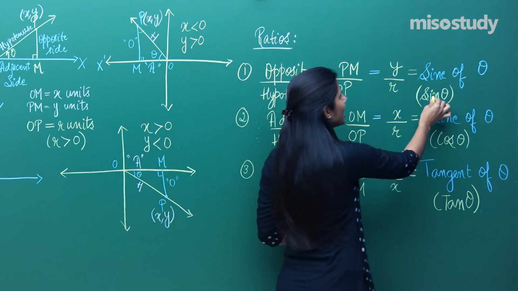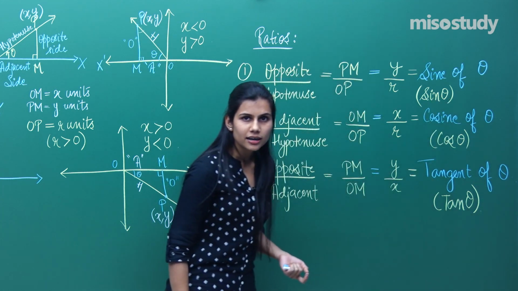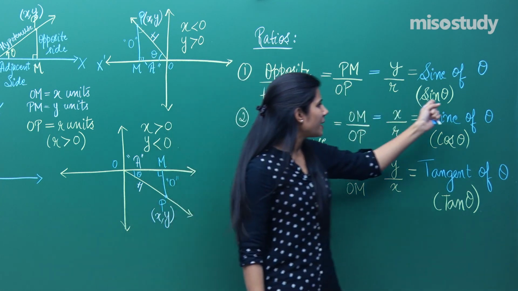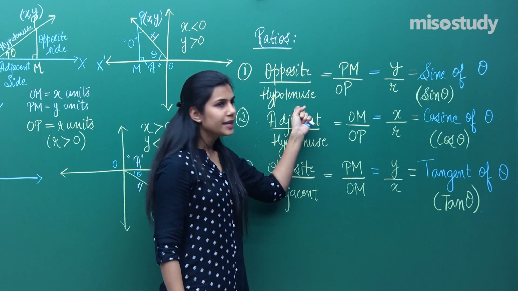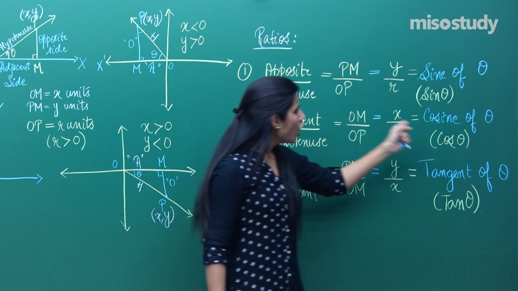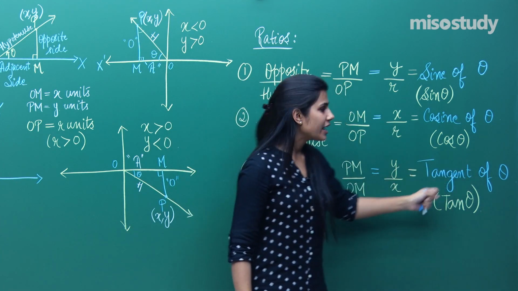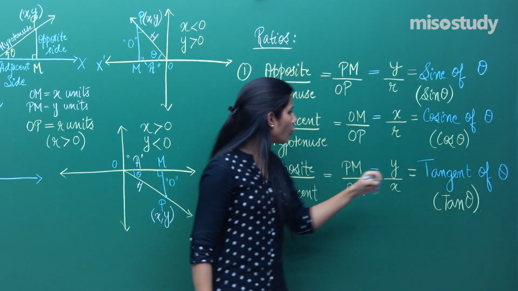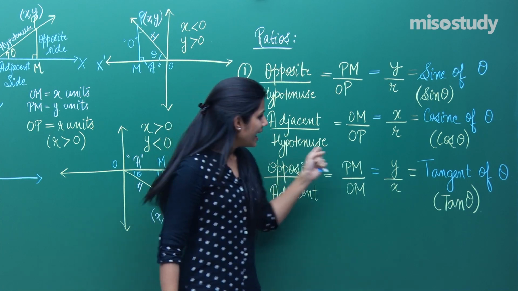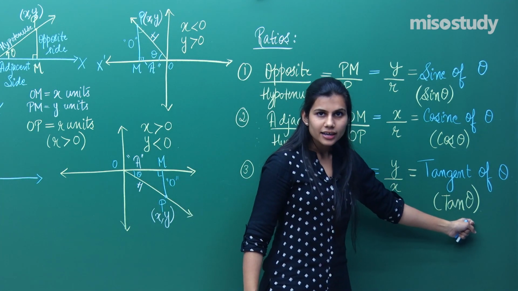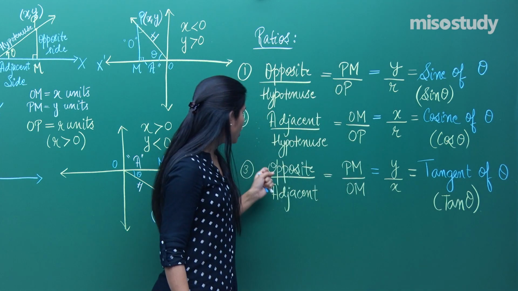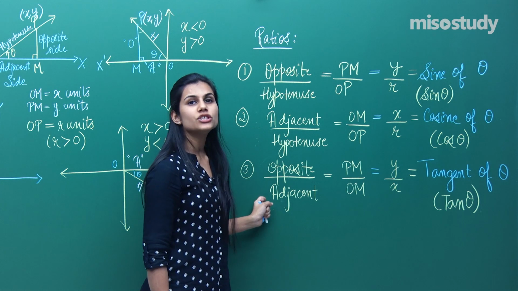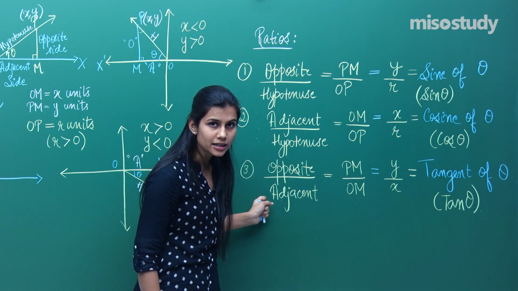And therefore, sine of the angle theta is the ratio of the opposite side with respect to the angle theta upon the hypotenuse. Cos of the angle theta is the ratio of the adjacent side with respect to the angle theta with the hypotenuse. And tan of the angle theta is the ratio of the opposite side with respect to the angle theta with the adjacent side with respect to the angle theta.